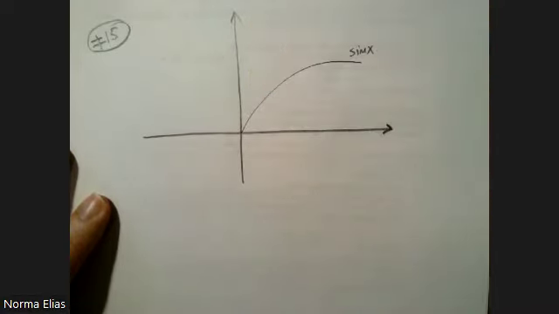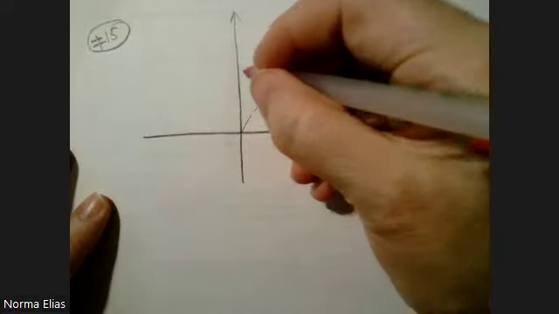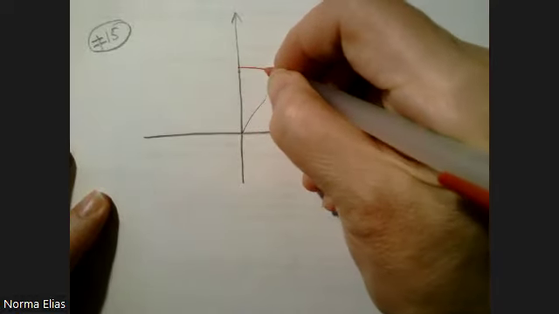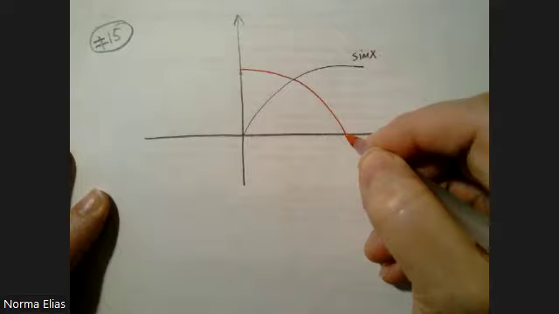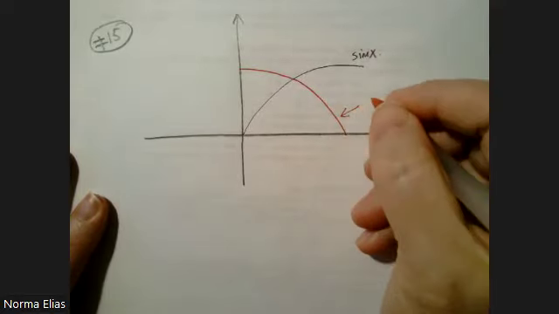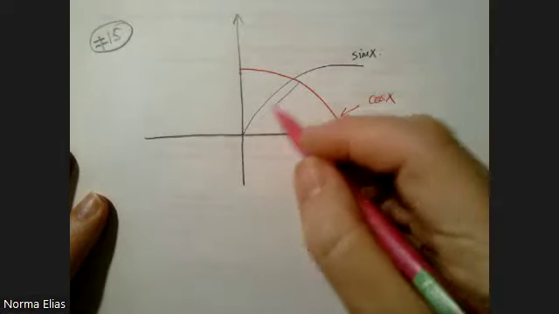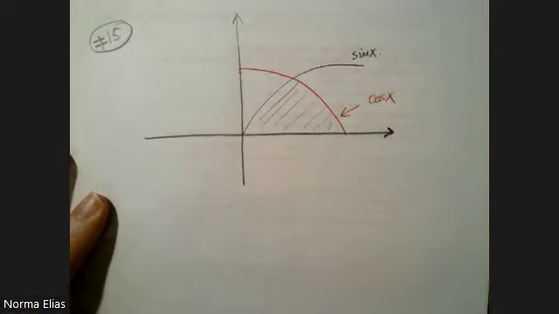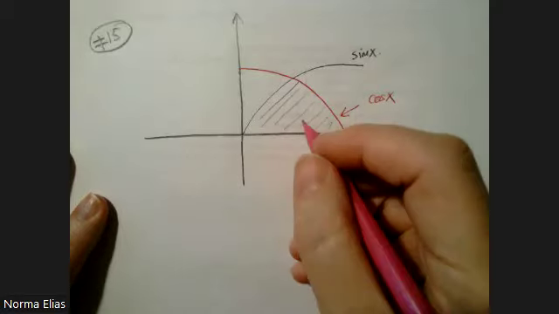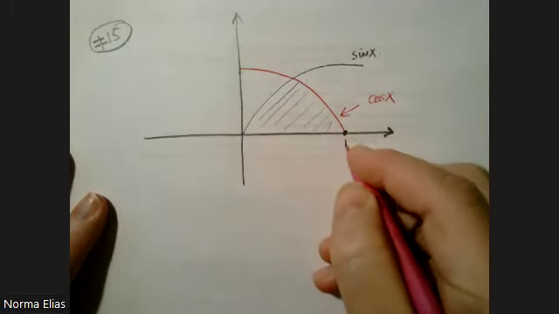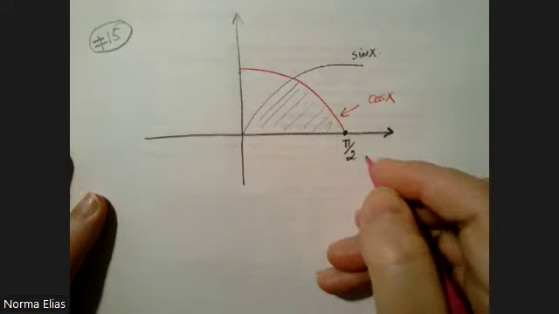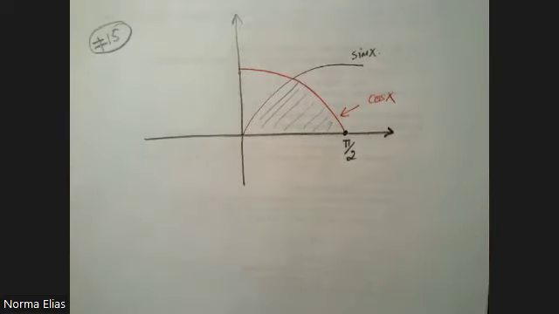They have it in red, so I will do it in red. So cosine, we know that it starts here, and this is the graph of cosine. And the region in question is the following region. And this here is, they don't have to tell us, but we should be able to know that this is pi over 2. And they want me to find the area.